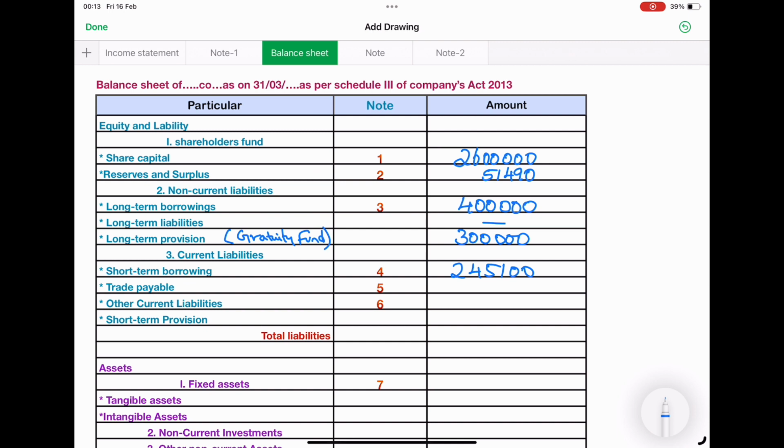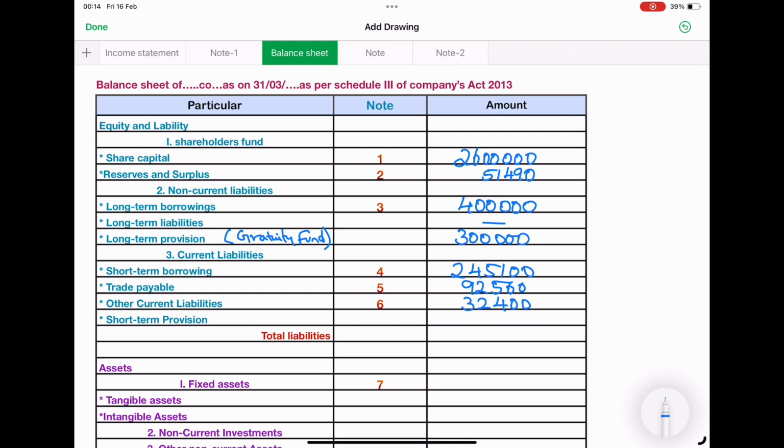So that one I'm going to write, that is 92,560. Next, other current liabilities we had, yes, 32,400. See, one more item we are having, that is short term provisions. Let us cross verify with our questions, do we have any short term provisions or not? If we have, we can write it directly.